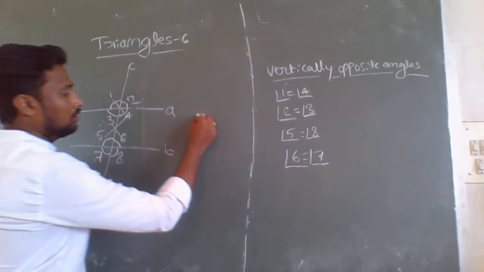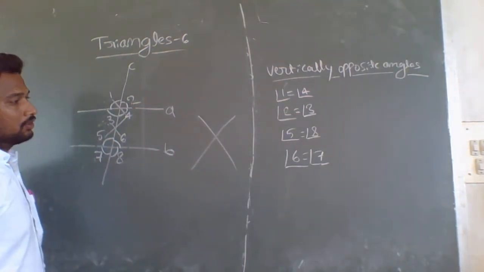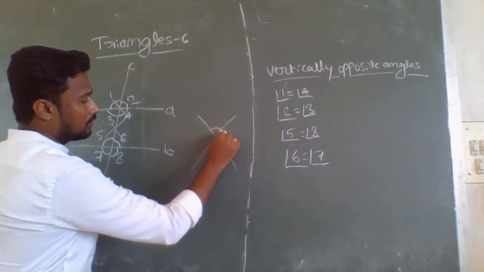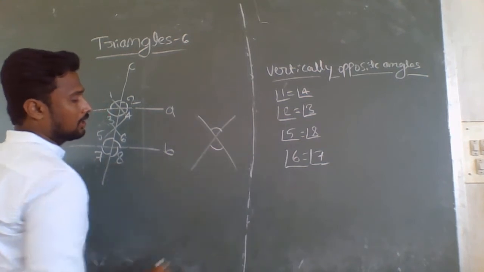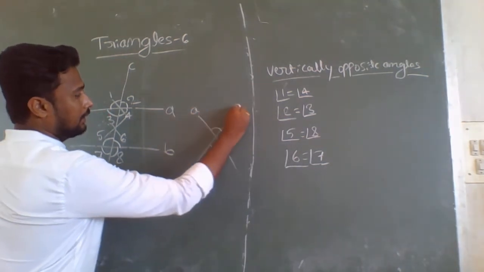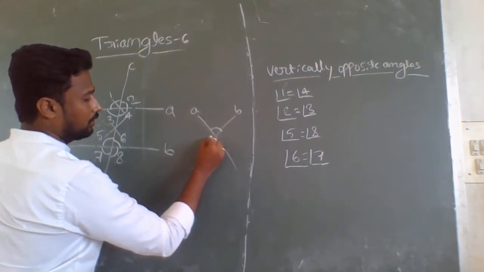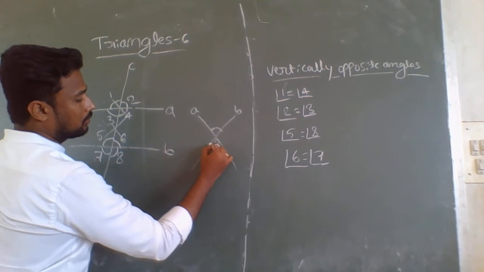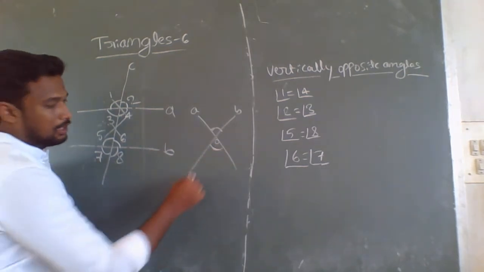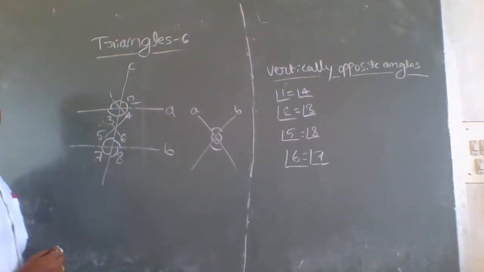So when two lines intersect each other, you can say that these vertically opposite angles are equal to each other. Here this is the line A, B, and these lines are intersecting at a point O. Then these two opposite angles are equal. Like this only, these two opposite angles are equal.